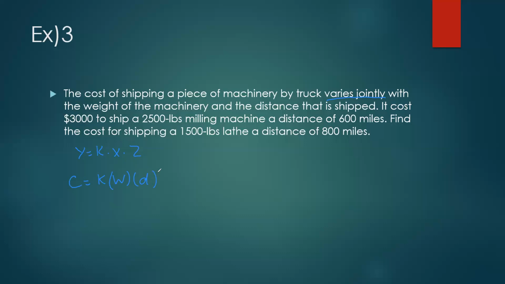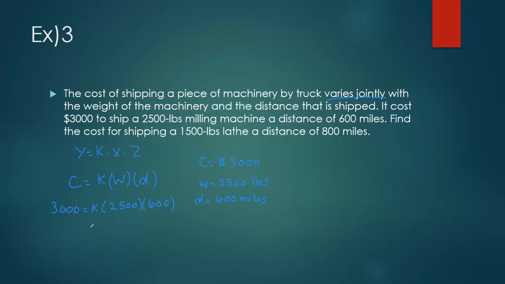The next step is figure out what your k value is by plugging in your known values. We know that the cost is 3,000, the weight is 2,500 pounds, and the distance is 600 miles. So let's plug that in to find k. 3,000 equals k times 2,500 times 600.